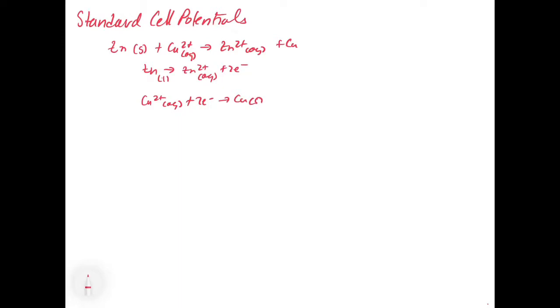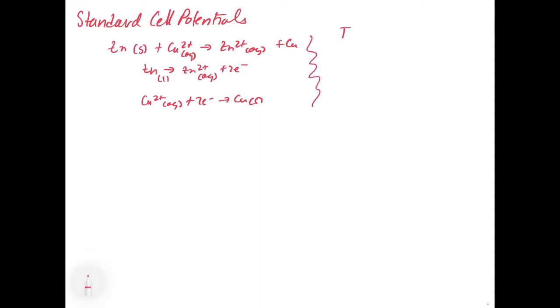So basically this has two half cells put together: a zinc half cell and a copper half cell. We can go in the book and look up the values for these. So this is the cell.